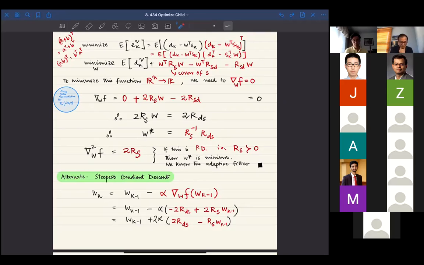So remember we said Wk is Wk minus 1 minus alpha, where alpha is the step size, times the derivative. If you know the derivative of the function, we should be able to climb down that function as a hill, and find the right W star.